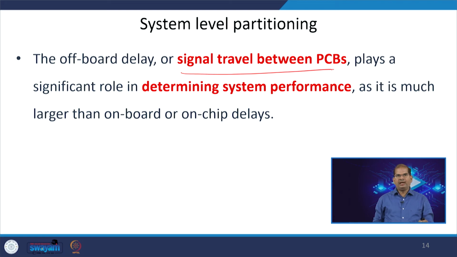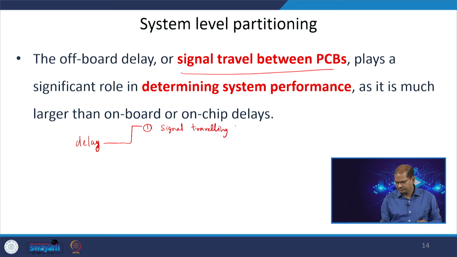Okay. So, I have two types of delay: the delay between the PCBs and the delay inside the PCB. The delay or the performance will be determined by the signal traveling between the PCBs and the signal traveling inside the same PCB.